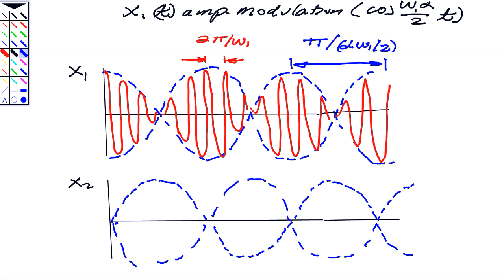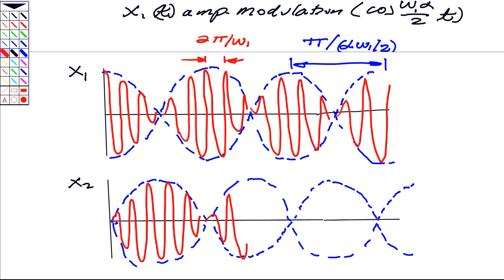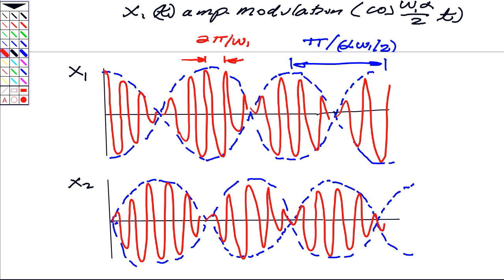But definitely show this as being a sine wave modulation over a signal of sine that looks like this. And because the modulation is cosine in one and sine in the other, the blue envelopes are 90 degrees out of phase.